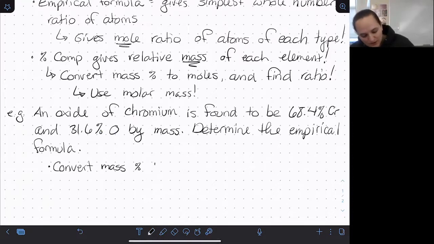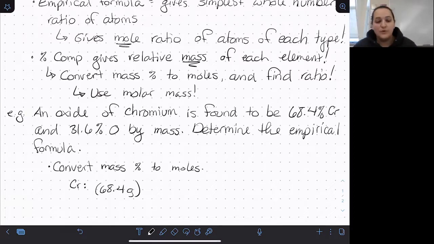So we can convert our mass percents to moles using our molar masses. For chromium, let's say we have 68.4 grams of chromium.